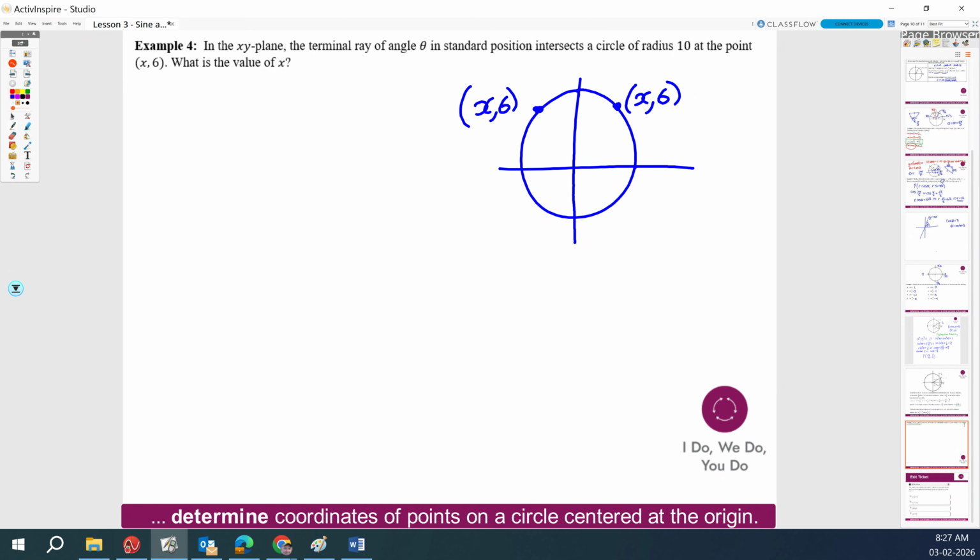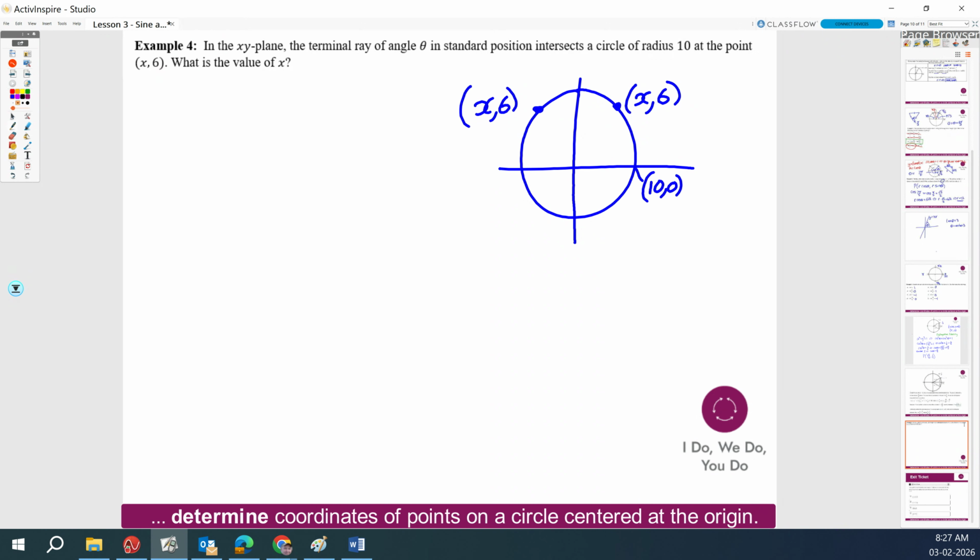The coordinate here is 10, comma 0. All I've done at the moment is look at the question, write down the information presented, and turn it into a diagram. This is your best problem solving strategy. Once you start to visualize it like this, it becomes a little bit easier.